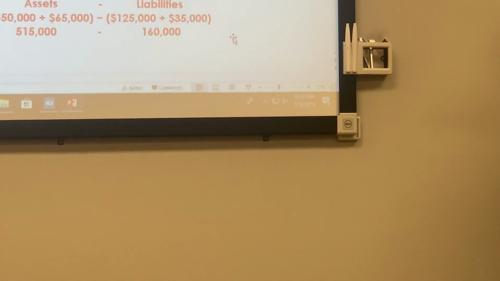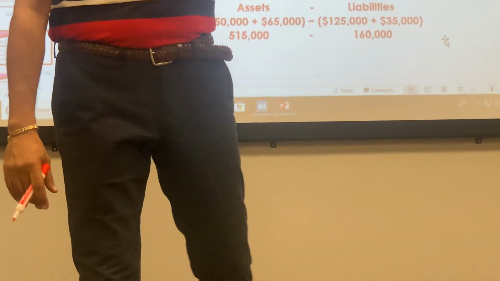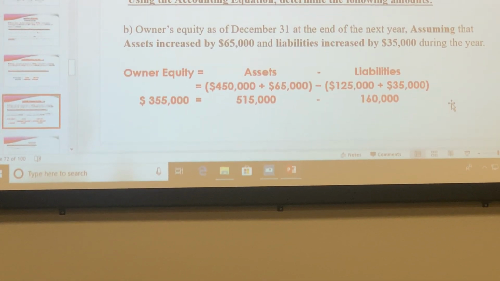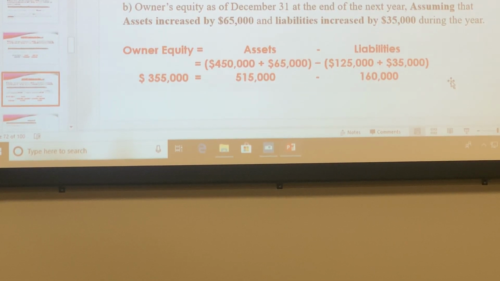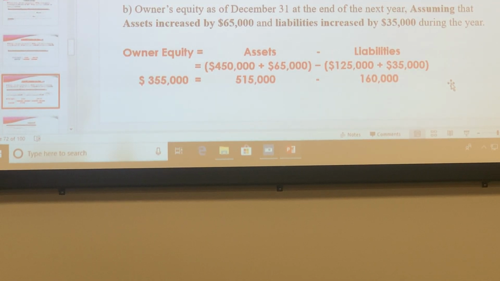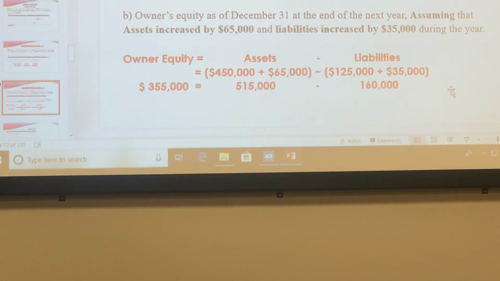So, dumb question. You know that basically the assets are increasing by 65 and the liabilities are increasing by 35. Couldn't you subtract the 35 from both and realize that the assets are basically increasing by 30,000, and then add 30,000 to your owner's equity to expedite the process?